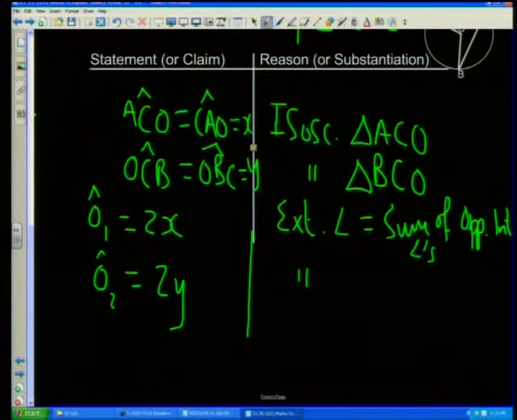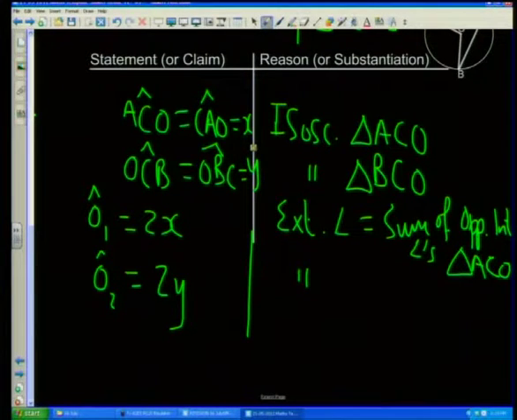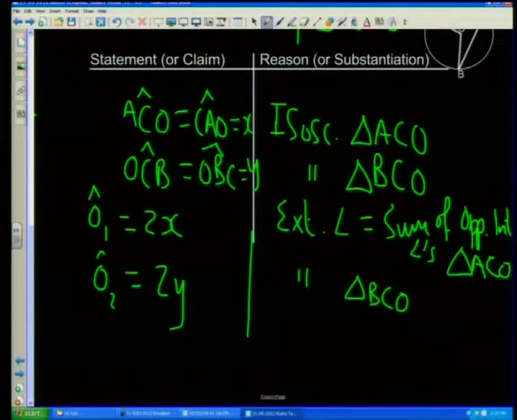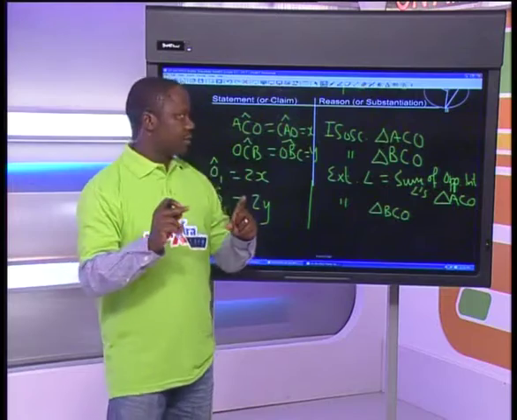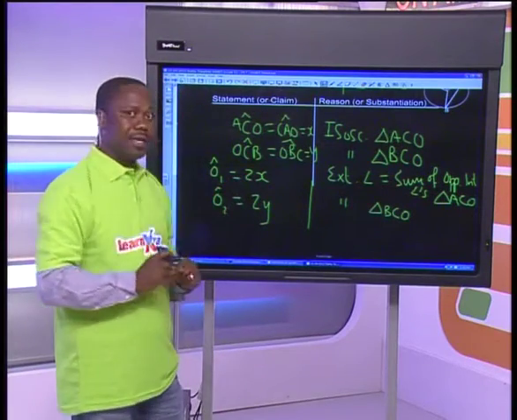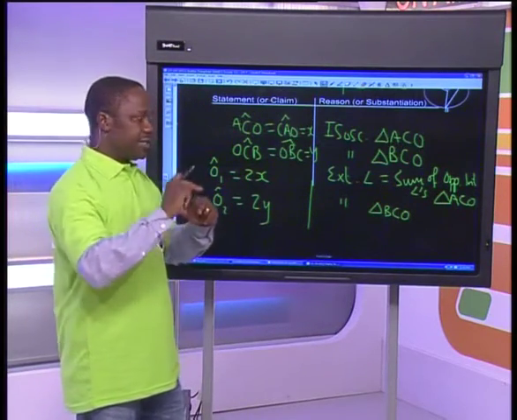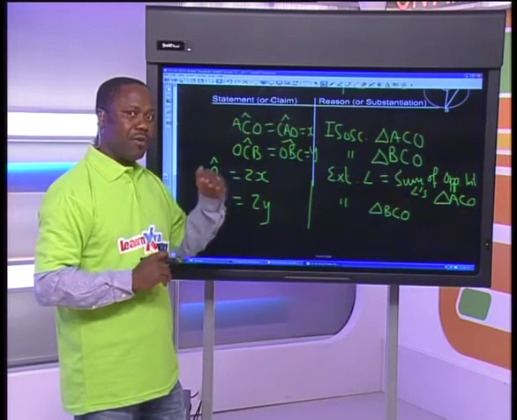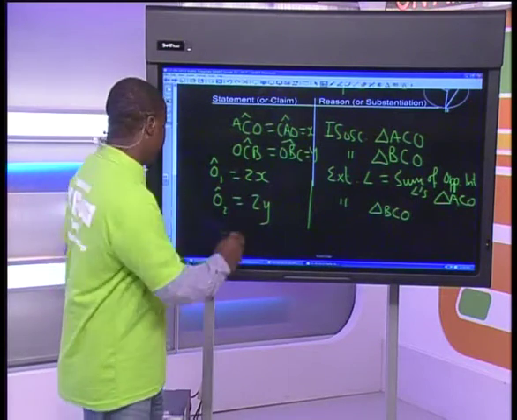This is for triangle ACO, and in this case, the reason is the same, but for triangle BCO. Okay. Now that you've got these two angles specified like that, notice that our central angle is the sum of O1 and O2.